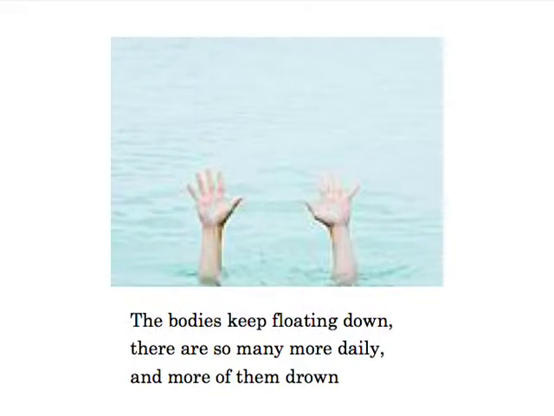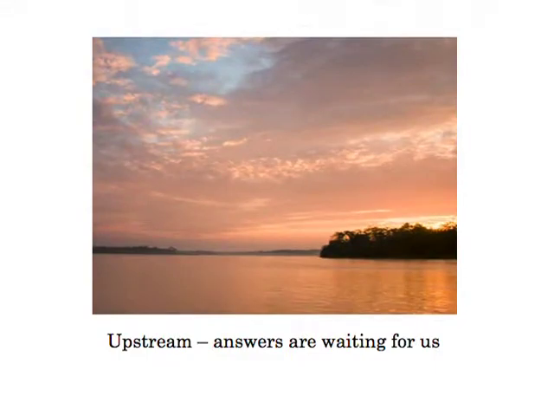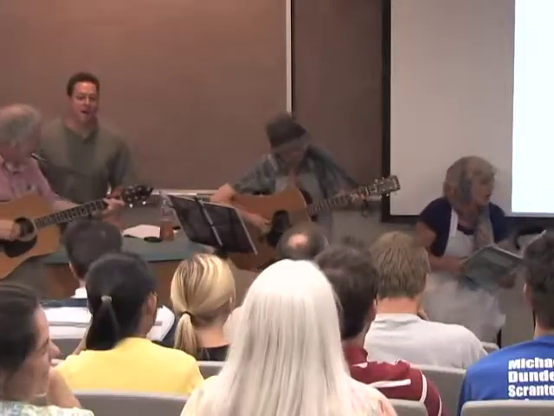The bodies keep floating down. There are so many more daily, and more of them drown. So we go upstream. That's where the problems are. Upstream, prevention is not too far. Upstream, the answers are waiting for us. Upstream.